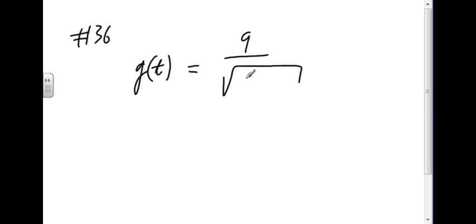36, g of t equals 9 times the square root of 5t plus 20. And we're looking for the domain, which means we want to make sure that we're not dividing by 0, and we can't have the square root of a negative number either.